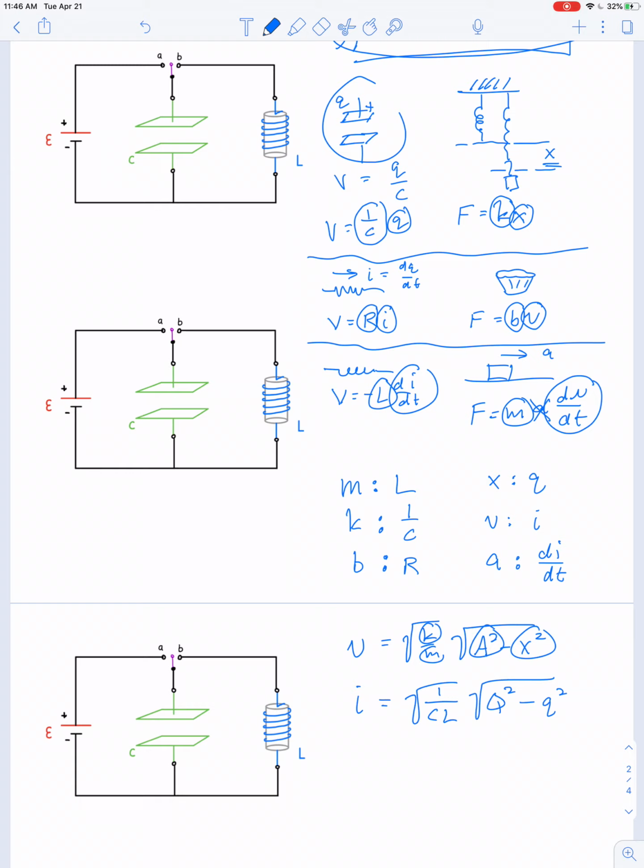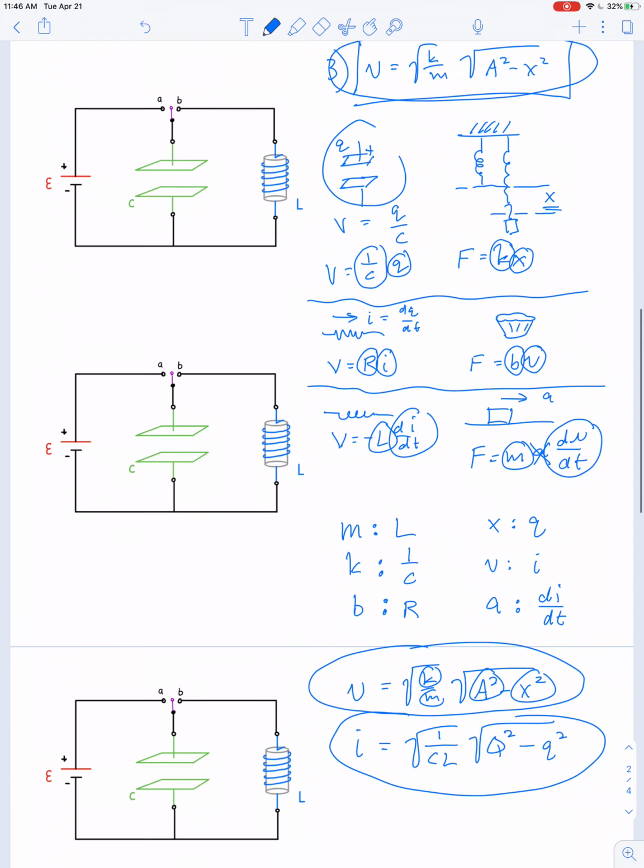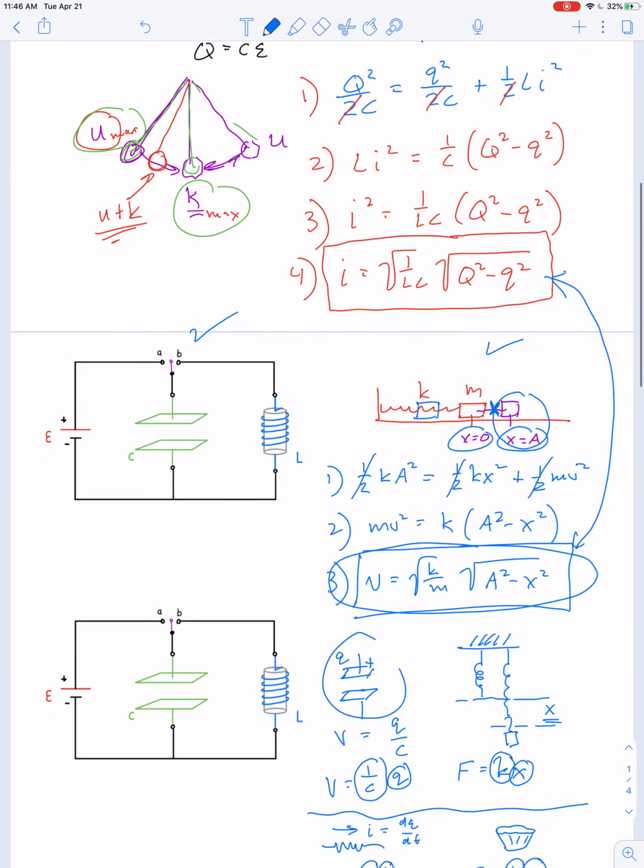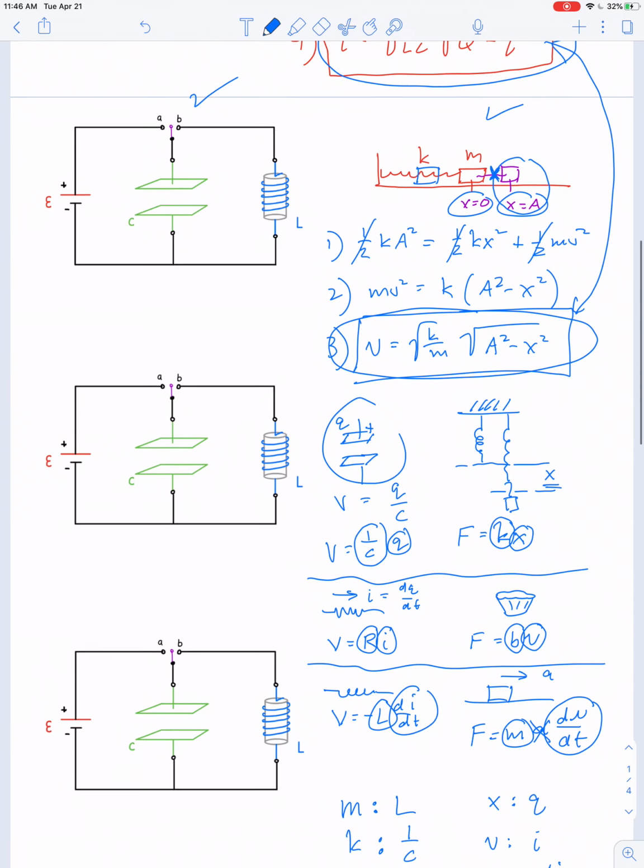And so by just replacing analogous quantities in an equation you're probably familiar with from your study of mechanics, we can derive an equation that applies to the behavior of this oscillating circuit.